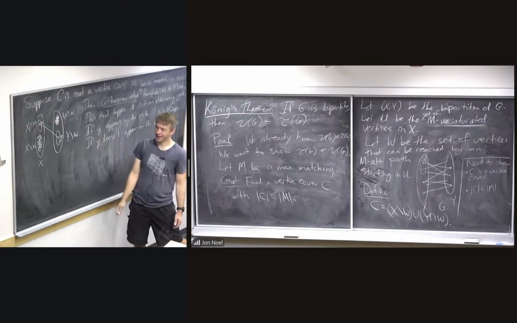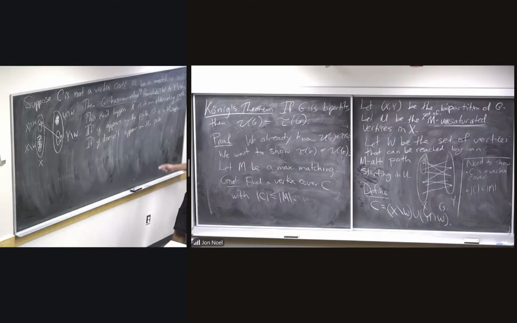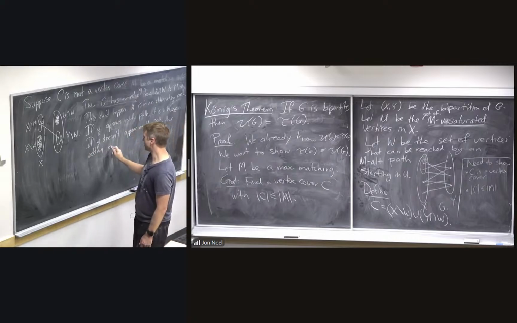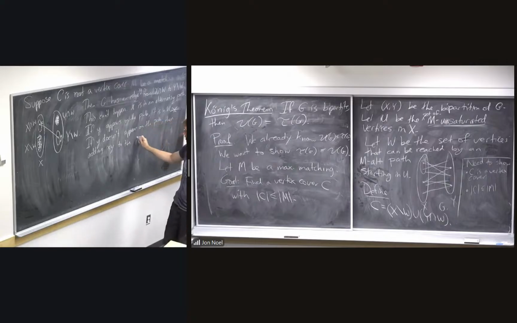And again, that contradicts the fact that y is not in W. So adding x, y to the path gives us an alternating path that includes y. But that, again, contradicts the fact that y is not in W.